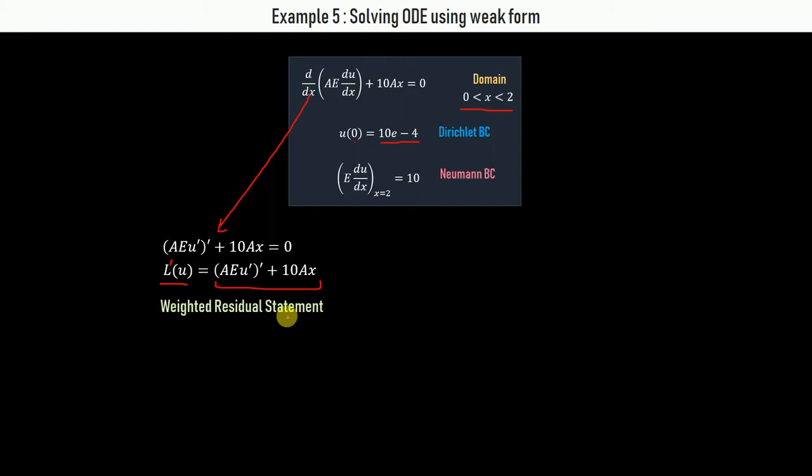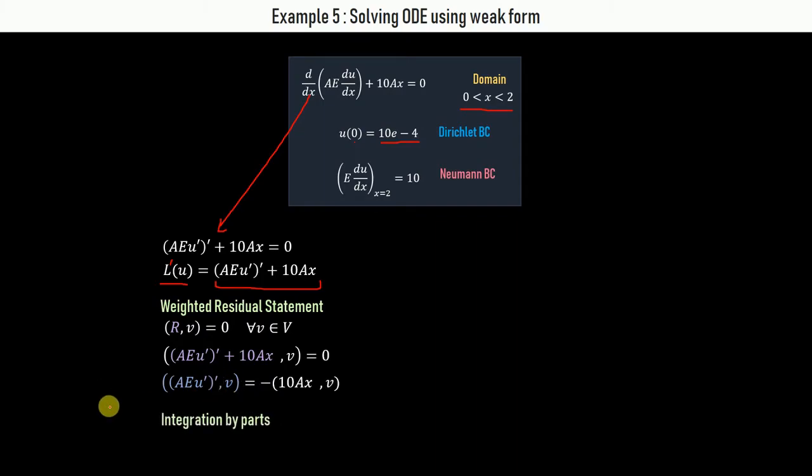Now the weighted residual statement would be this: the inner product of r with v is 0, where v lies in the space capital V, and we substitute the value of r here and distribute v over each of the terms. We get this statement. This is what we have been solving till this point.